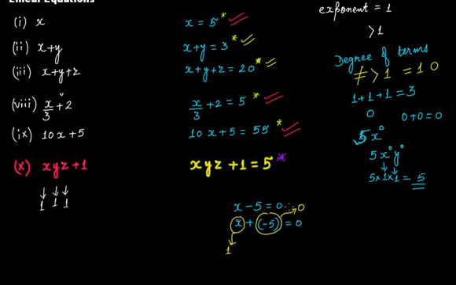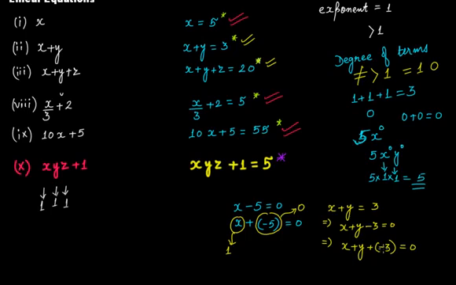The condition gets satisfied. What about this one? x plus y is equal to 3. We can write this as x plus y minus 3 equal to 0, and it can be written as x plus y plus (minus 3) equal to 0. If you're wondering why I am putting this minus within the bracket, we know that terms are always positive, and we have discussed all these things in great detail.